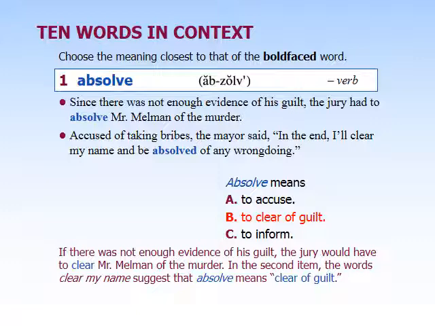You could be absolved from cheating on a test, meaning that it's proven that you didn't do it. Another way to think about this word is to set or declare someone free from blame or responsibility. So absolve means that you didn't do something wrong, or you're not responsible for doing something wrong.